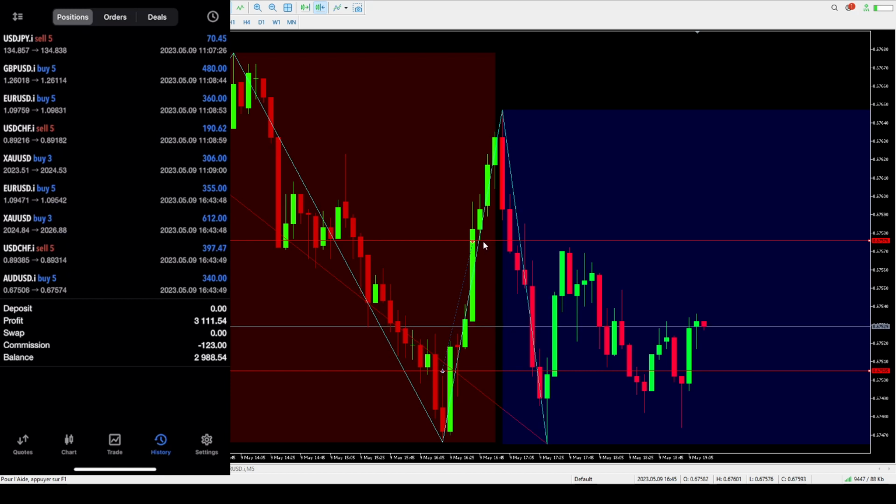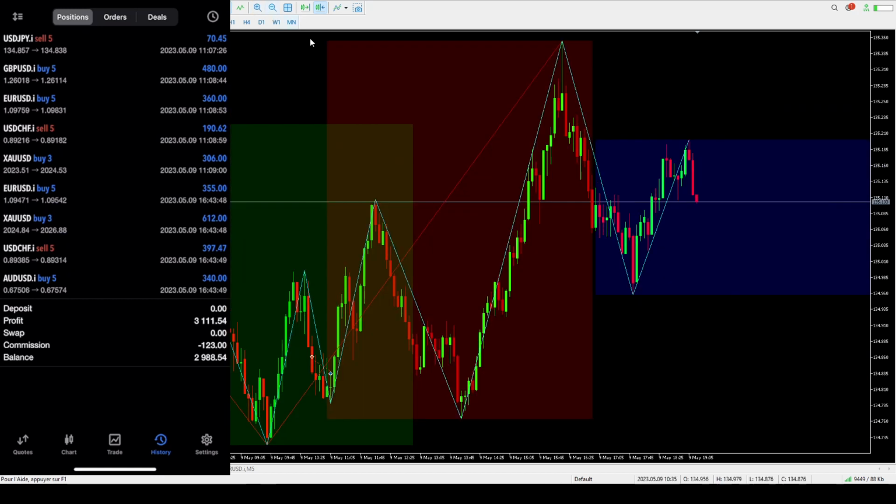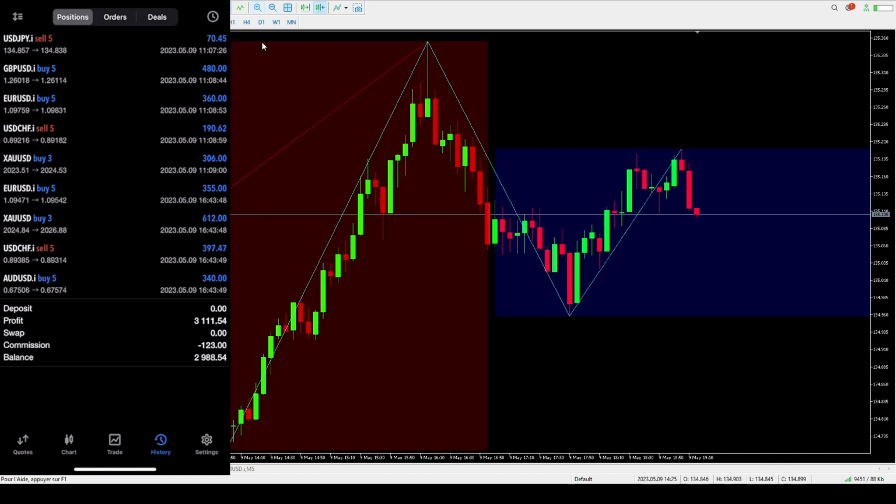But it's really important for me to show you at first the importance of the dollar in any pair. So let's look at USD/JPY. When I sold the dollar against the Japanese yen, it was during the morning.